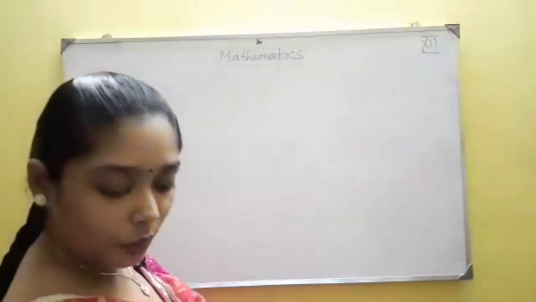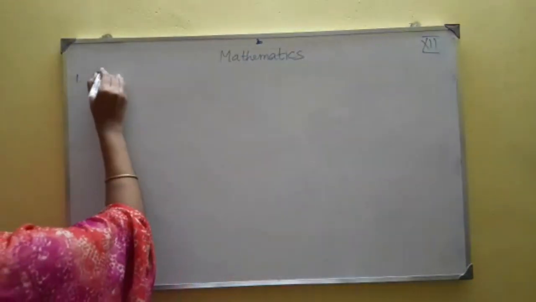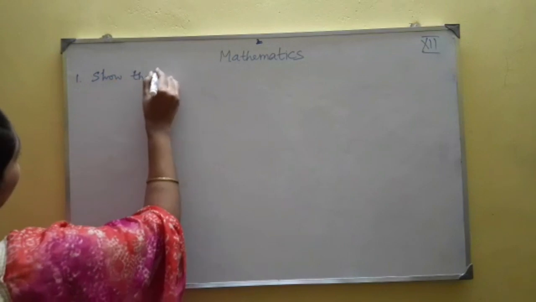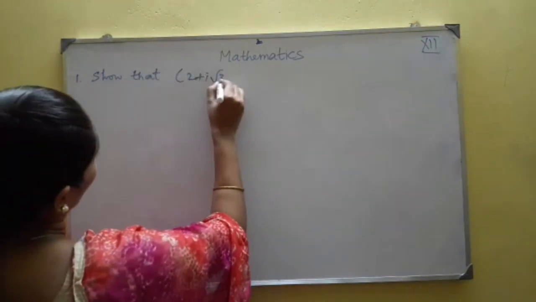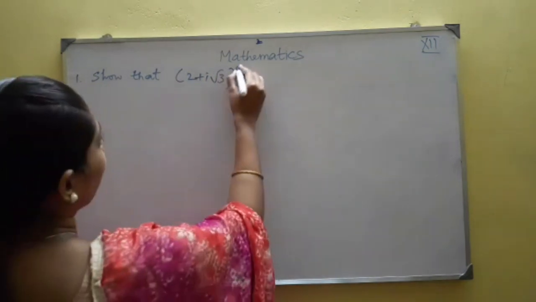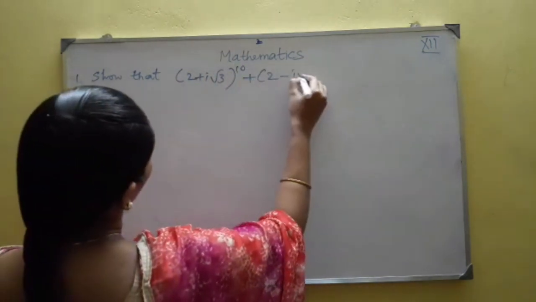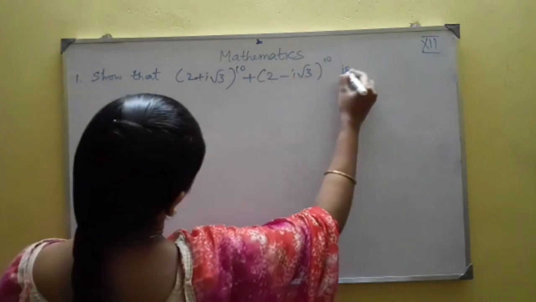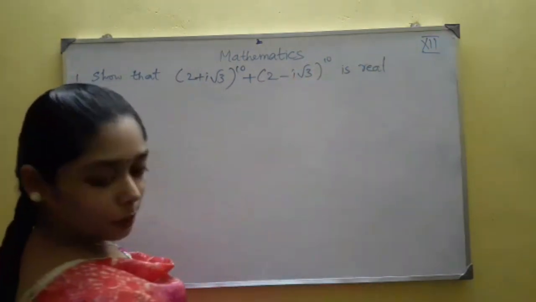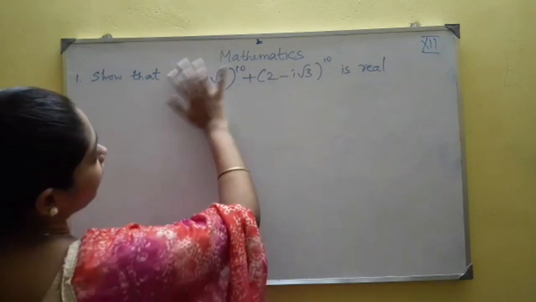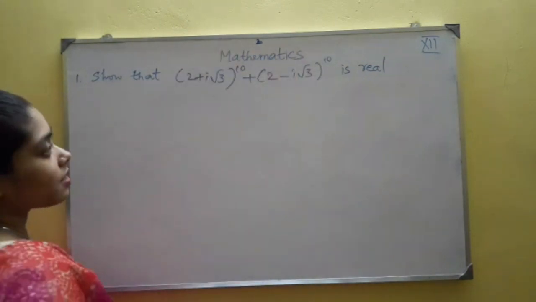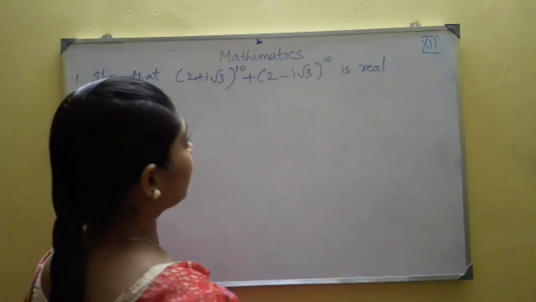Now problems. Show that (2 plus i root 3) power 10 plus (2 minus i root 3) power 10 is real. Okay, now you want to prove this. You want to take this given complex number and prove this as a real number.